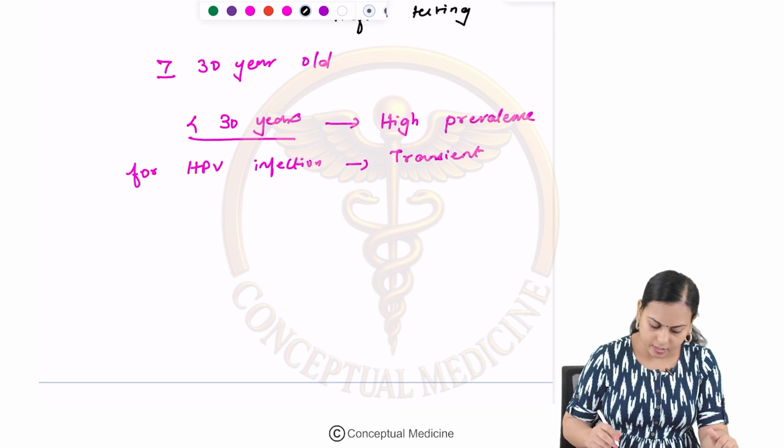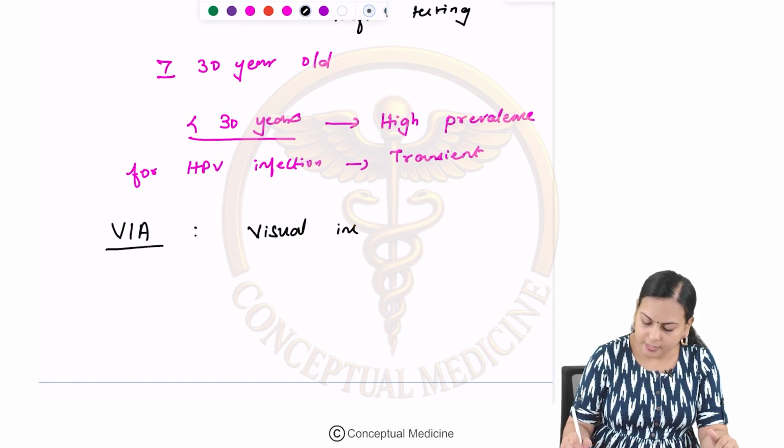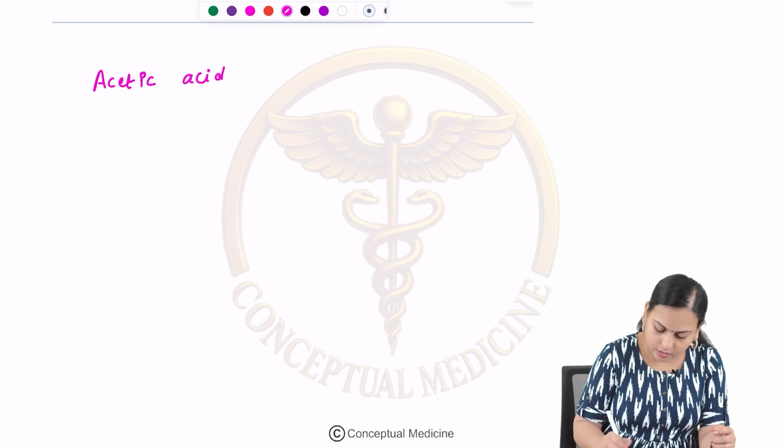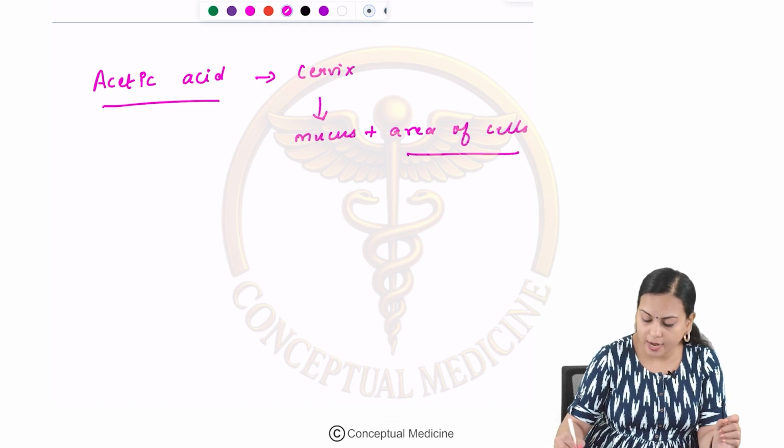Now, let's discuss VIA. What is VIA? It is visual inspection after acetic acid. Acetic acid, when applied to the cervix, coagulates with the mucus as well as the area of cells which have increased chromatin density.